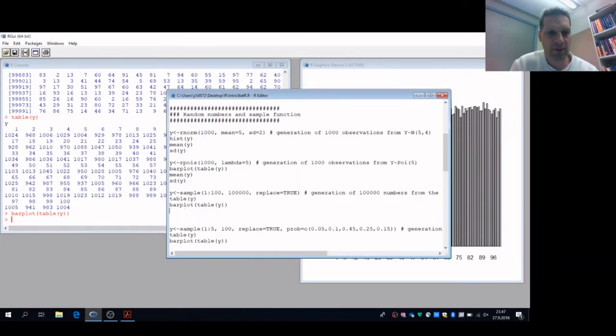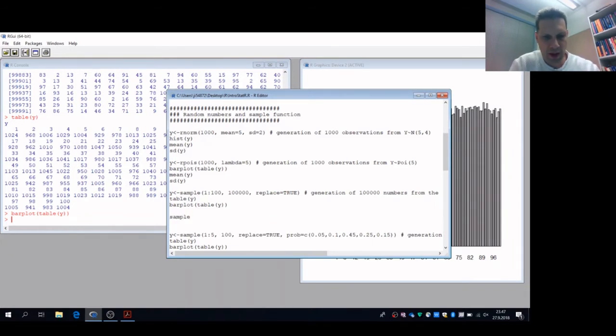So for example, let's just say that we have a character vector, for example A, B, which could be just names for, I don't know, some products or whatever, and D and E, for example.